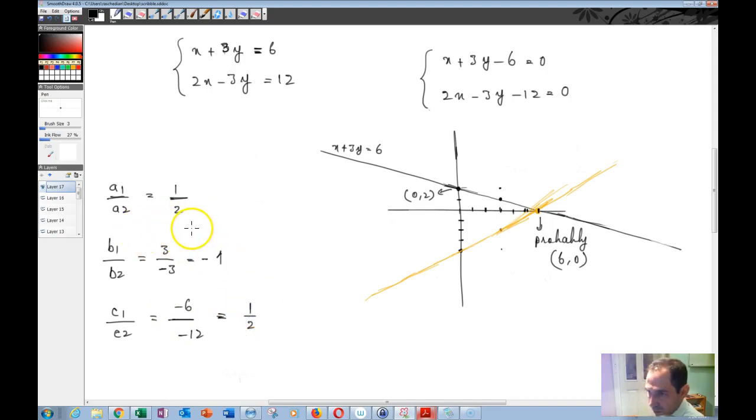Now, basically the first two things that you need to compare are a1 to a2 and b1 to b2, and you can see that a1 to a2 is not equal to b1 to b2. That means that the two lines are intersecting lines.